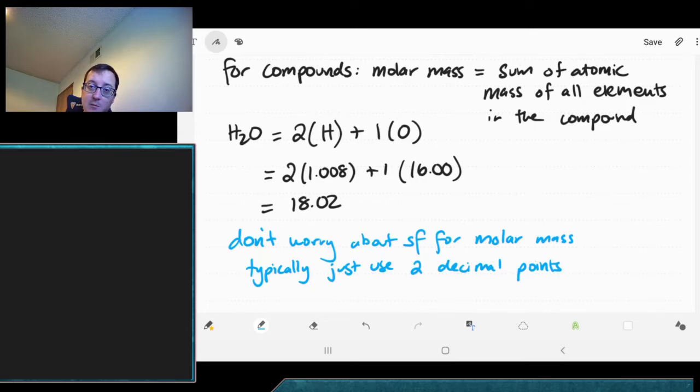So 18 grams, not very much. Let's see, what's a way you might know this? Think of a soda can, right? A can of Coke has 32 grams of sugar in there, something like that. And so 32 grams is not a whole lot.